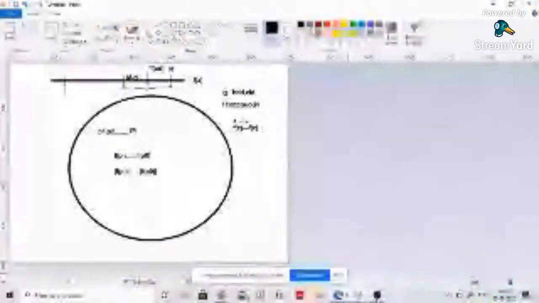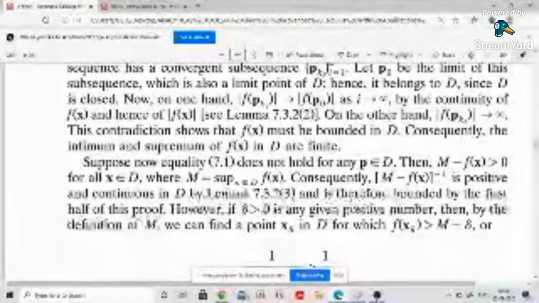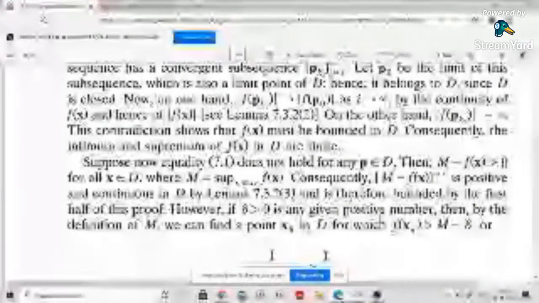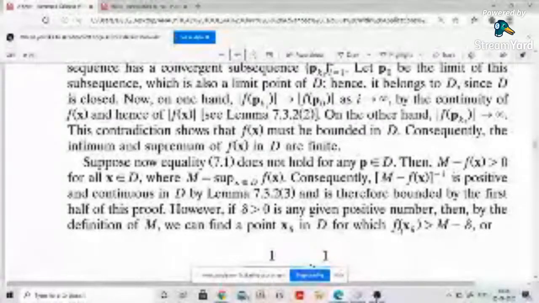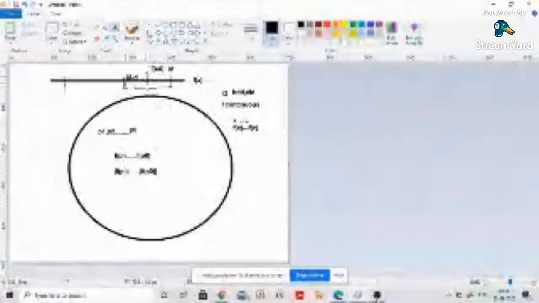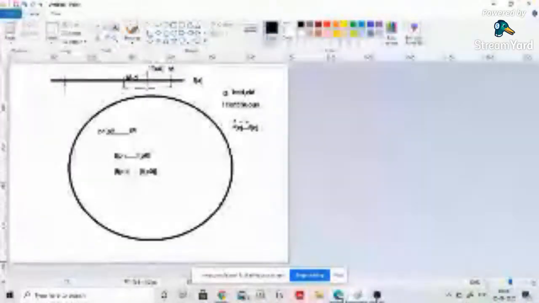That is the idea. So here, if delta is greater than 0, any positive number, then by definition of m, we can find a point x delta in D for which f of x delta is greater than m minus delta. Clearly in this picture you can see that f of x delta is after m minus delta and before m. So f of x delta is greater than m minus delta.